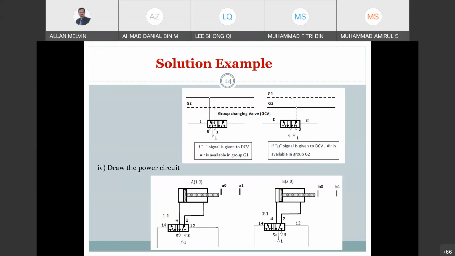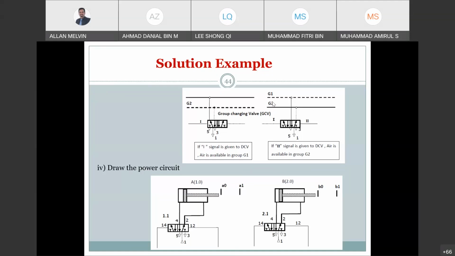Yang group 2 ni dia disconnected. Okay. If the signal is given in number 2, so group 2 akan selected. So whichever valve ataupun actuator ataupun push button or roller connected to this line will be activated.